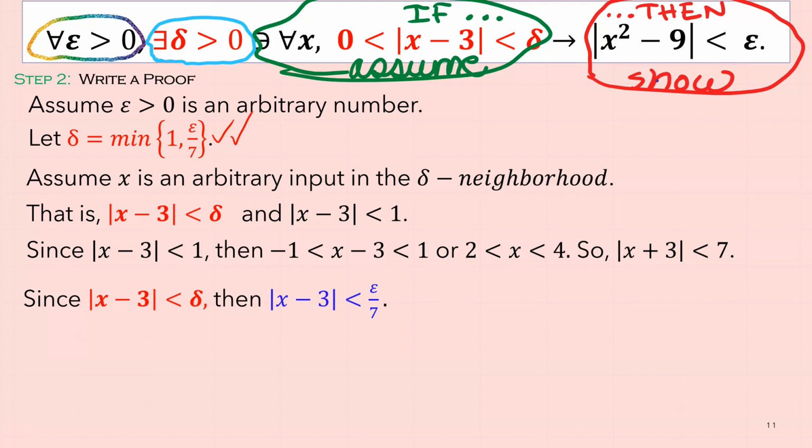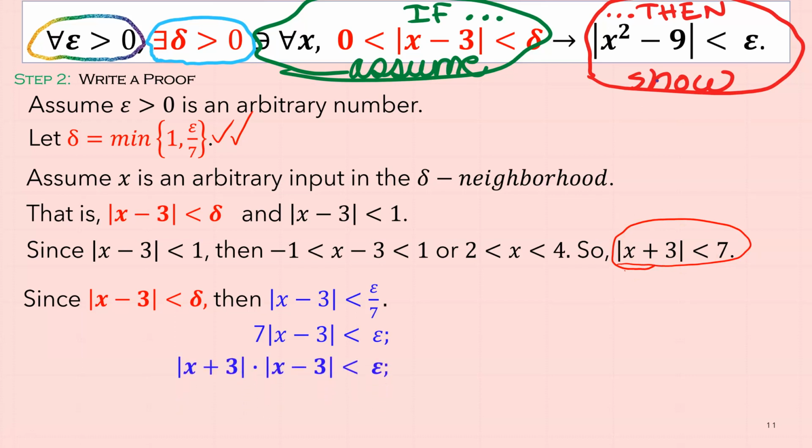That we said choose delta to be that. Now if that is the case, then you can multiply by 7. And also, since this holds true, I can conclude that this is going to happen. Therefore, the absolute value of x squared minus 9 is less than epsilon, as needed to show.